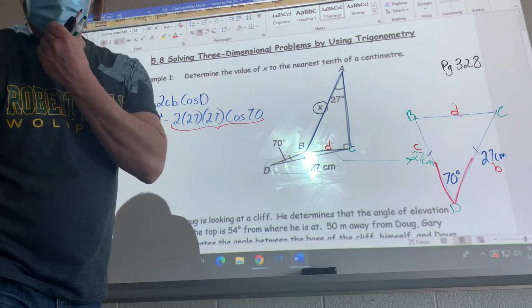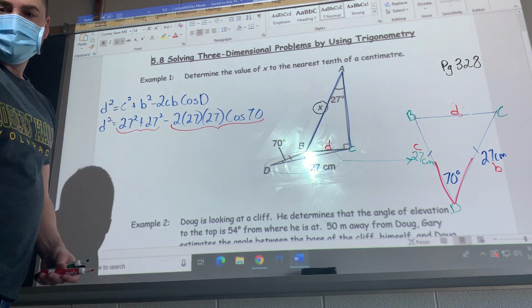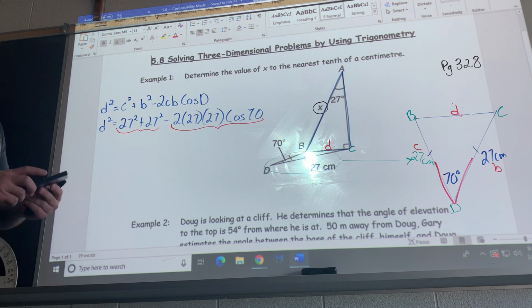But just be careful. What's 27 squared? 729. And then again, it'll be 1458.